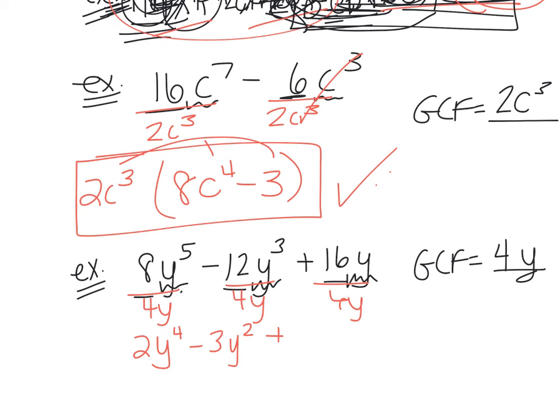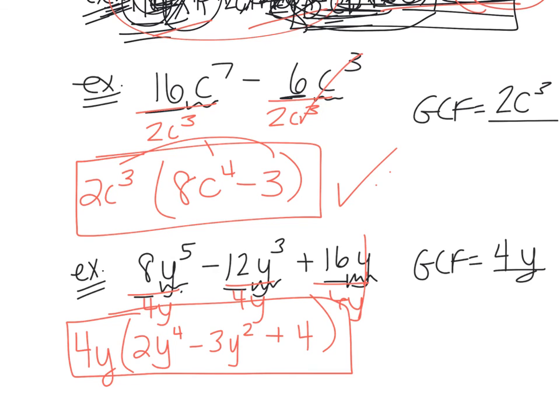Plus 16 divided by 4 is 4. My y's cancel out. I cannot leave my answer like this because it doesn't look like a distributing problem. My leftovers are in parentheses. And who do I write on the outside? My GCF, 4y. And I'm done.